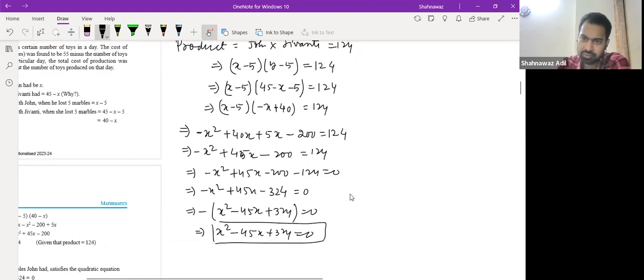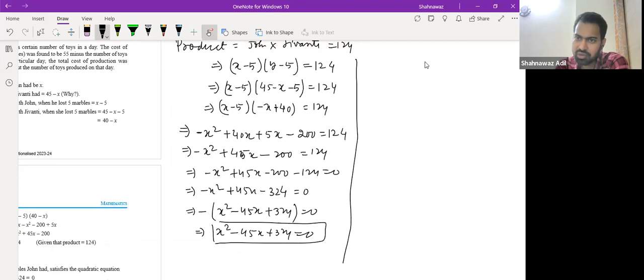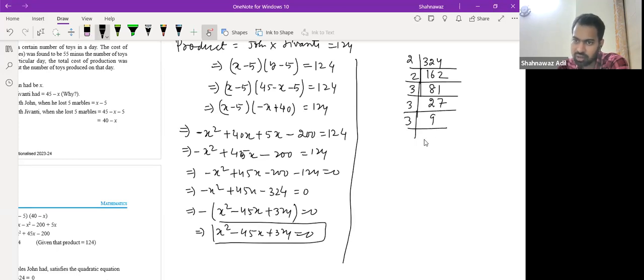So we have a into c, which is 324. So 2, 162, 2, 81, and then 3, 27, 3, 9, 3, 3, 3, 1.